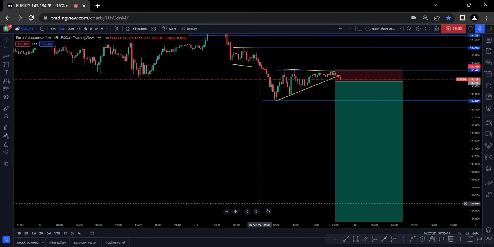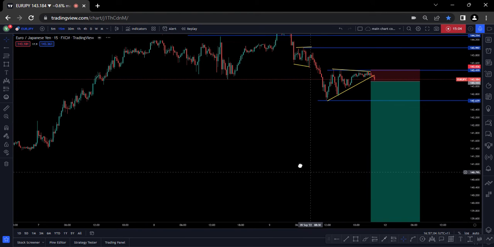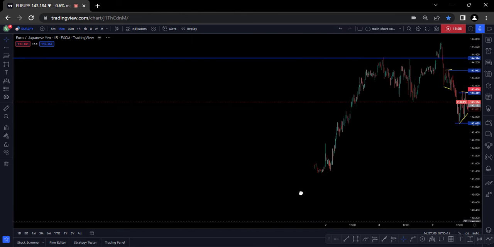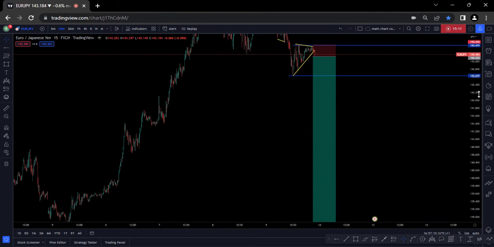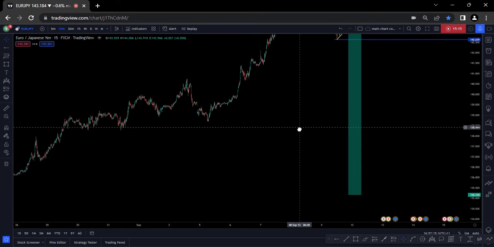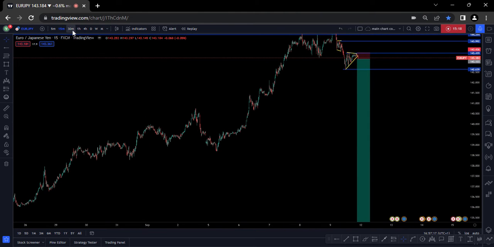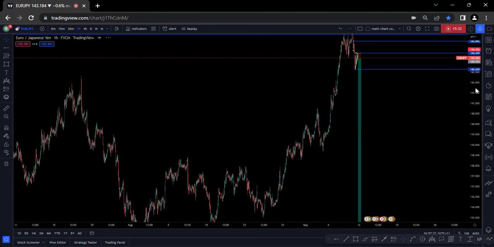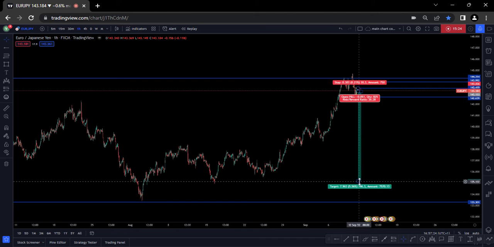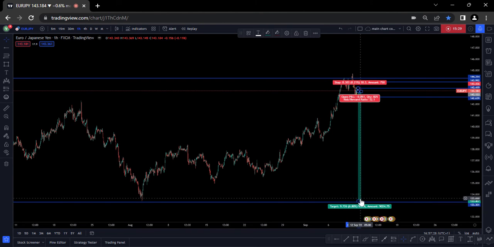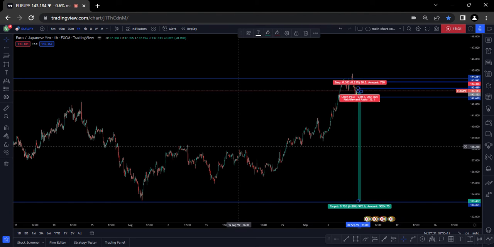So we'll be looking for more sells to the downside. There are more opportunities to capitalize on this trade. We have so many entries. So that is it for Euro JPY.